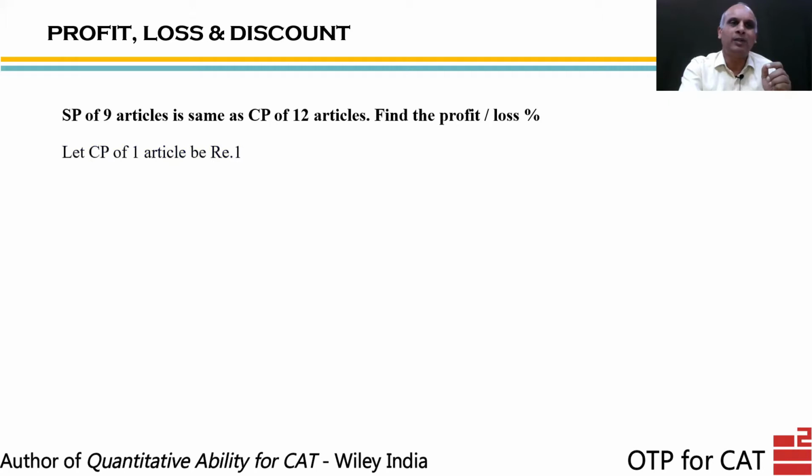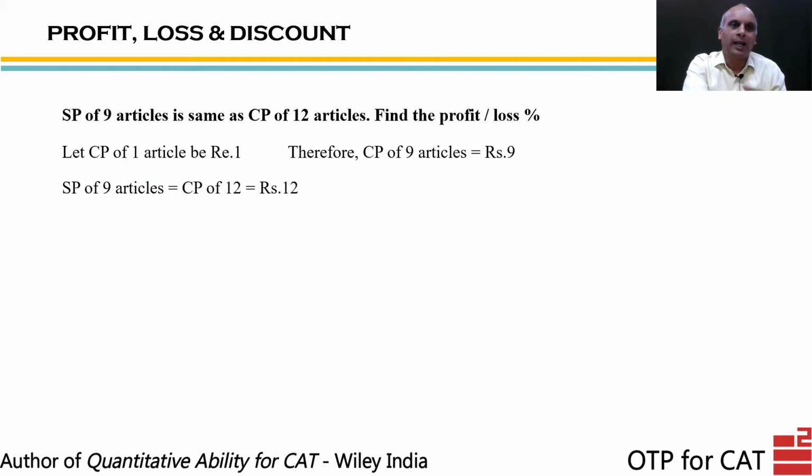Let us say CP of 1 article is 1 rupee, and I'm assuming that I am selling 9 articles. So my CP of 9 articles will obviously be 9 rupees. And SP of 9 articles will be how much? That will be the same as the question says, the same as CP of 12 articles, and that will be 12 rupees.